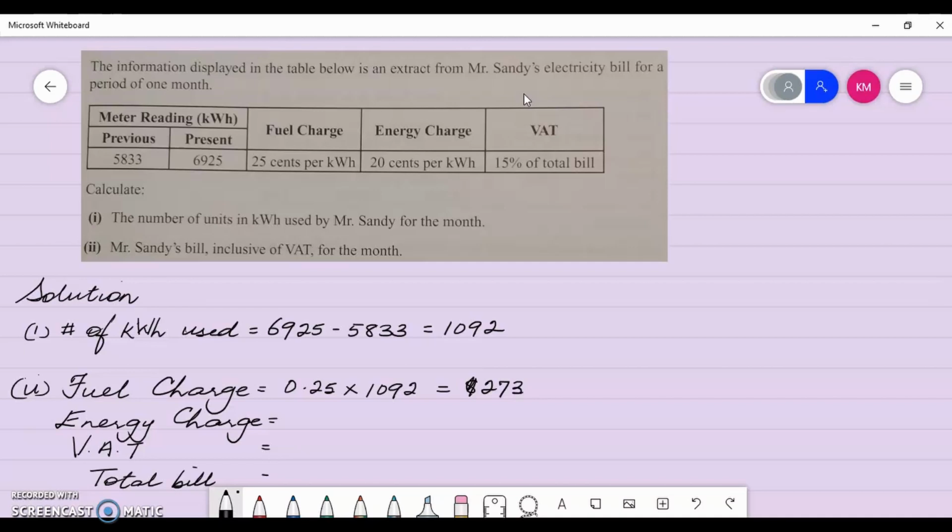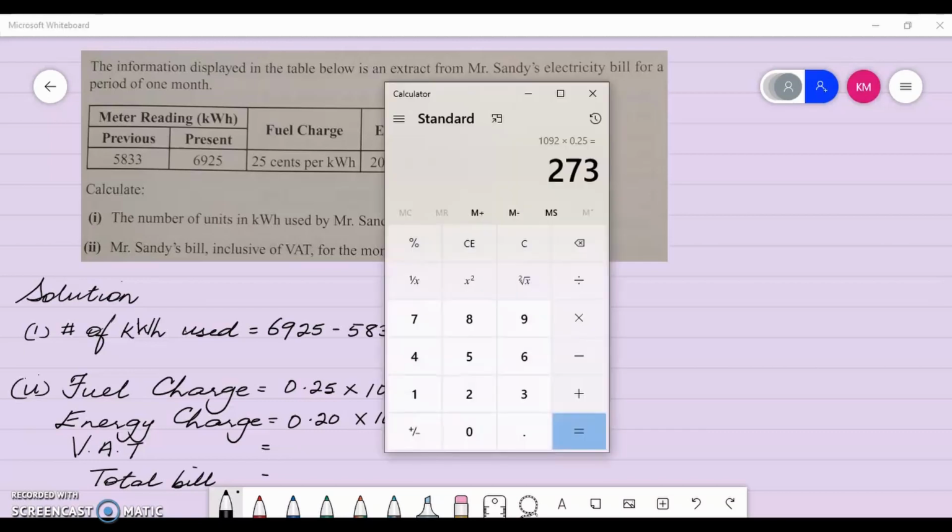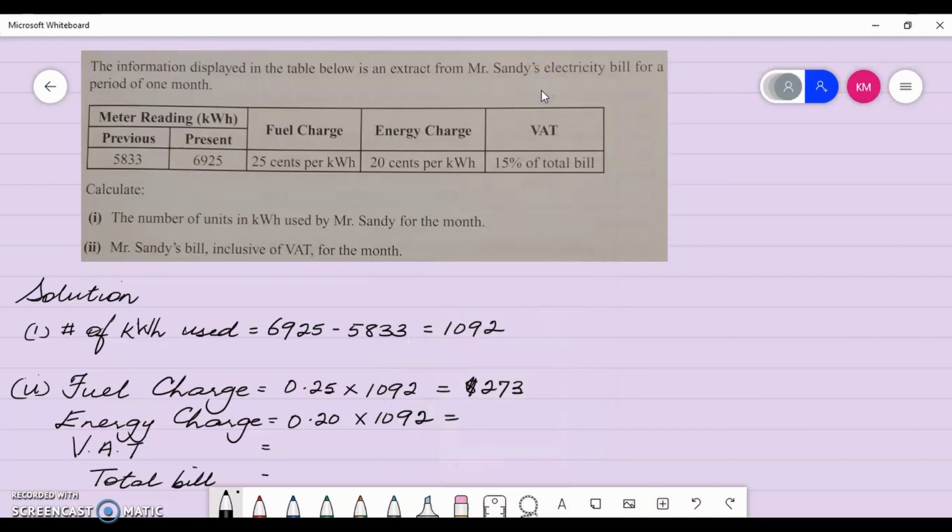And that is going to be his fuel charge. His energy charge is 20 cents per kilowatt. So it's going to be 20 cents multiplied by that 10.92, and I'm going to get $2.18.